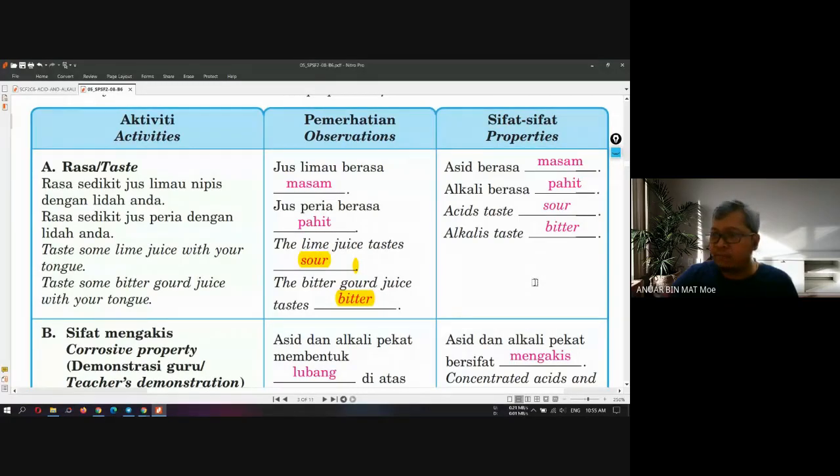So this is the first property of acid and alkali by their taste. We can compare the characteristic of acid and alkali by their taste. So acid tastes sour, and alkali tastes bitter. A is okay, no problem.